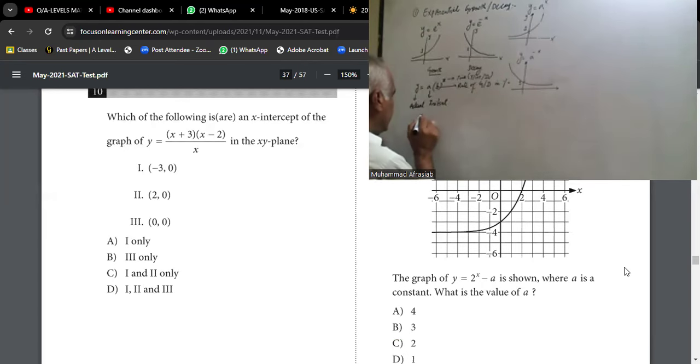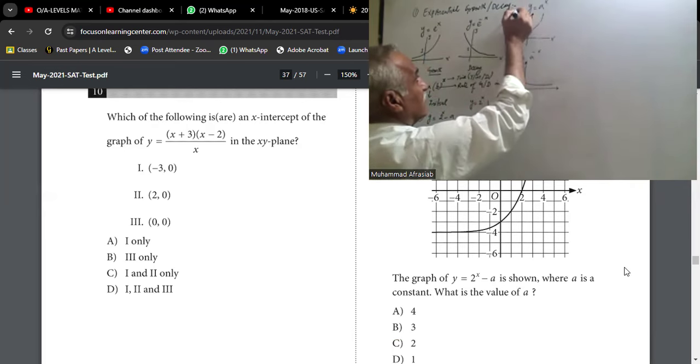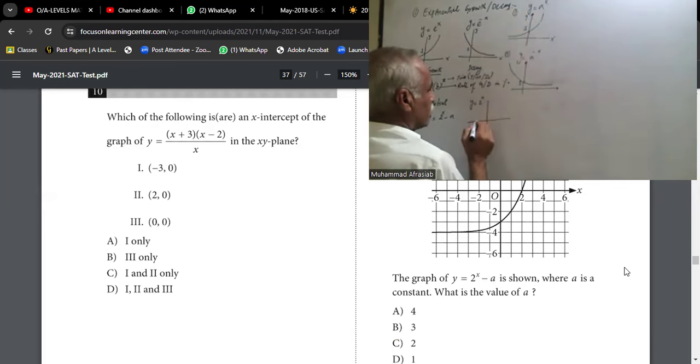So the first question is y equal to 2^x minus a. We know that the graph of y is equal to 2^x is a graph like this, which is passing through this point 1.